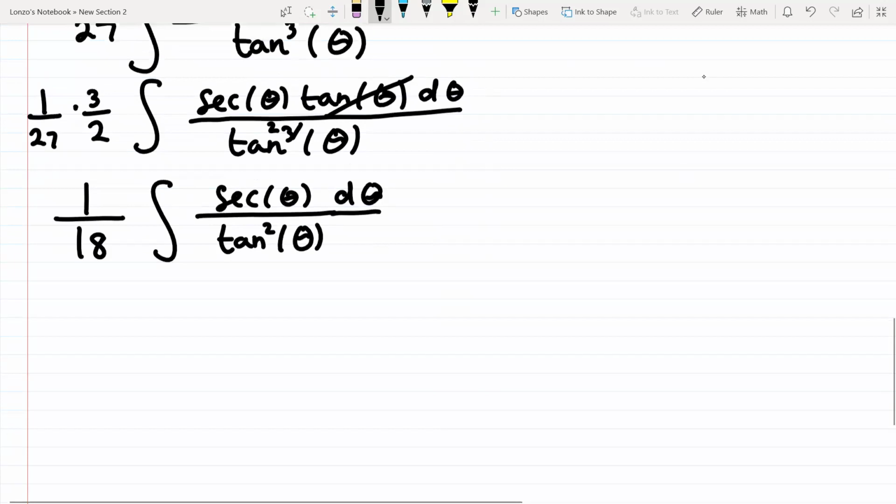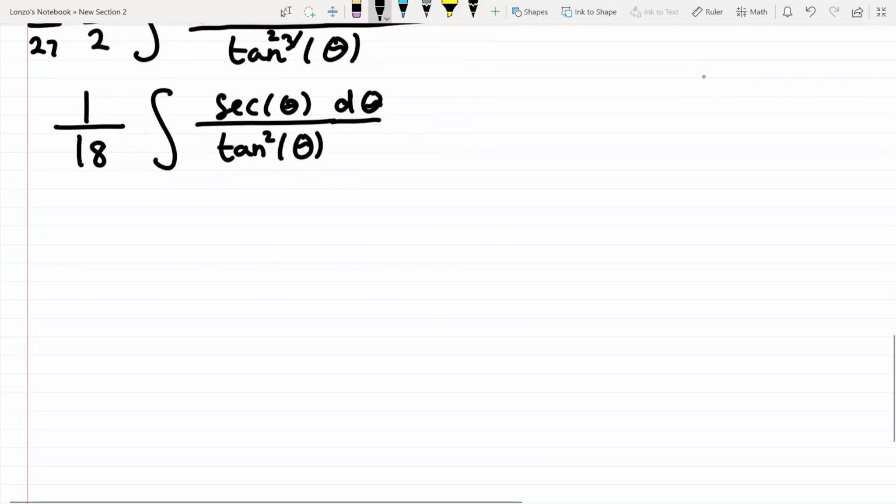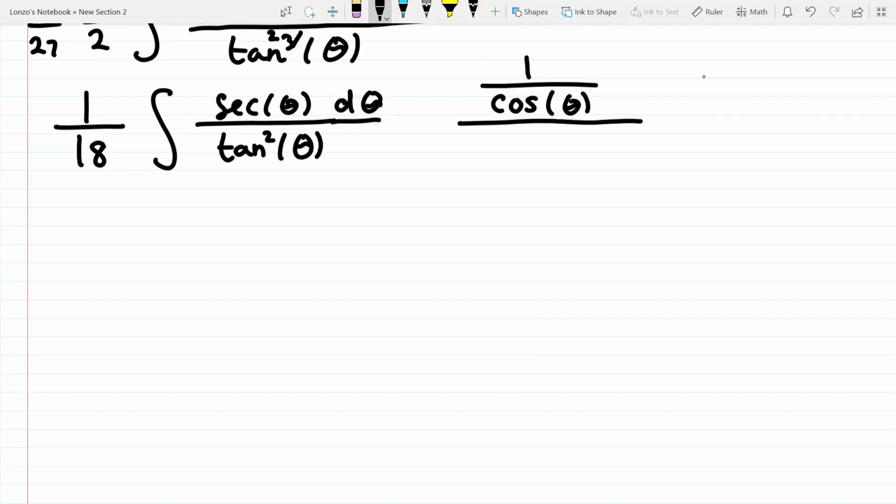So we know that secant theta is the same thing as 1 over cosine theta. And then we also know that tan squared theta is sine squared theta over cosine squared theta.